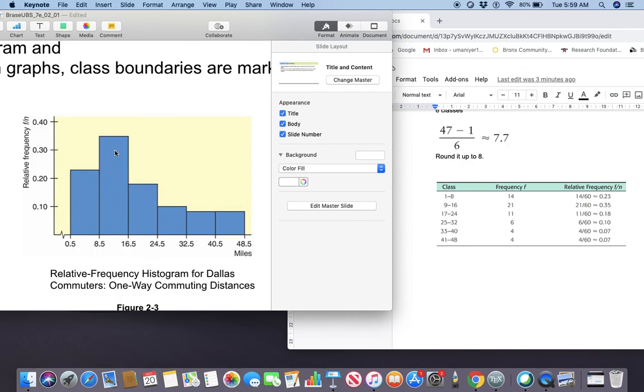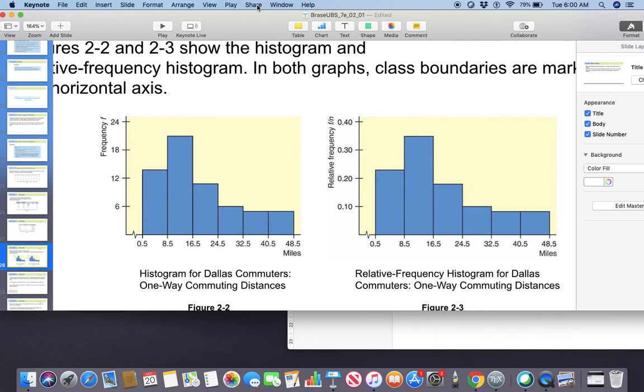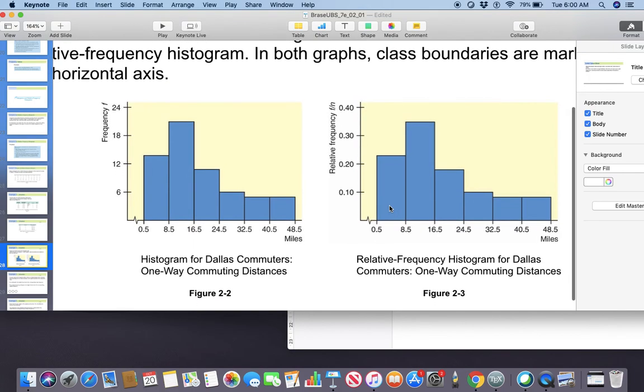You see? The point is, notice the shape is going to be the same. So you may as well copy this picture here and change the numbers to the relative frequency numbers. That's what it is. The shape of the frequency histogram and the relative frequency histogram is going to be the same.